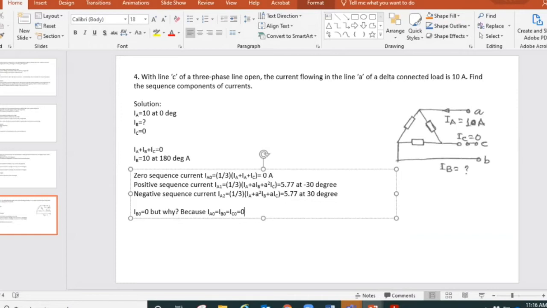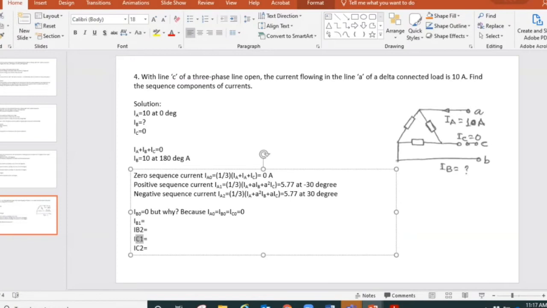So we don't stop only calculating the IA values. We also need to know the IB sequence component currents, IC sequence component, IA0, IB0, IC0, IA1, IB1, IC1. So now I need to know what is going to be the value of IB1. And of course, I will also need to know the value of IB2. Of course, again, I will need to know IC1 and IC2 as well.